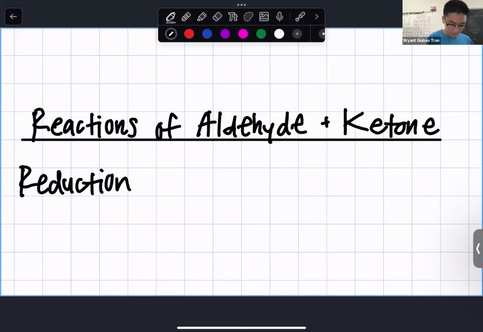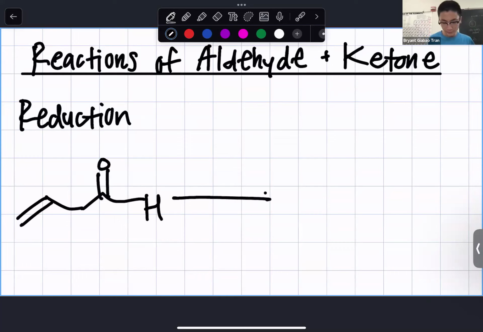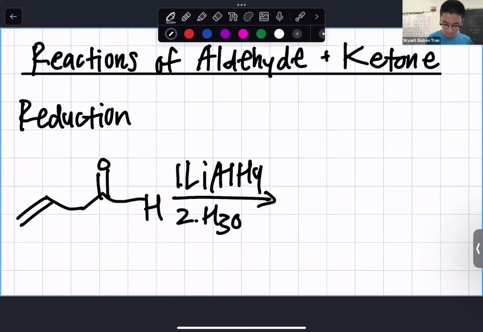But let's say we have another functional group like an alkene in the molecule. Will a reducing agent react with an alkene? Like let's say we put lithium aluminum hydride, LiAlH4. You could use NaBH4 as well.